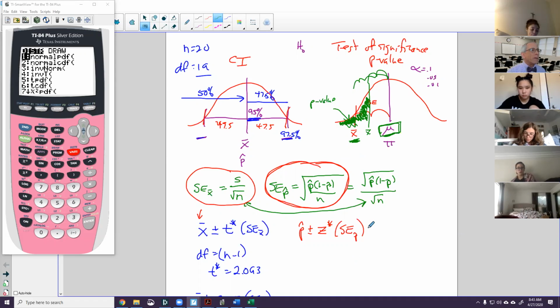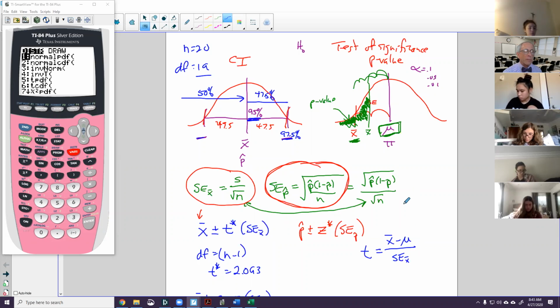If I'm doing it for a mean, then my t value is going to be equal to my x bar, that's my sample piece of data, minus my mu, the mean that I'm assuming for the null hypothesis, divided by my standard error.